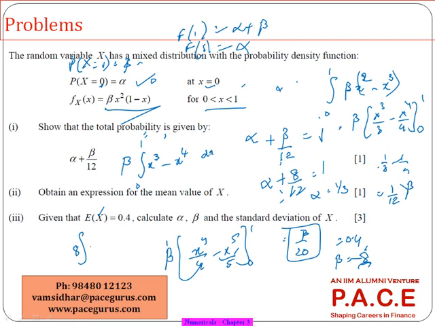For the x squared, you will multiply it with x squared. So x power 4 minus x power 5. When you are doing the integration of this part, it becomes x power 5 by 5 minus x power 6 by 6, 1 by 5 minus 1 by 6, 1 by 30, into 8. 8 by 30 is your expectation of x squared.